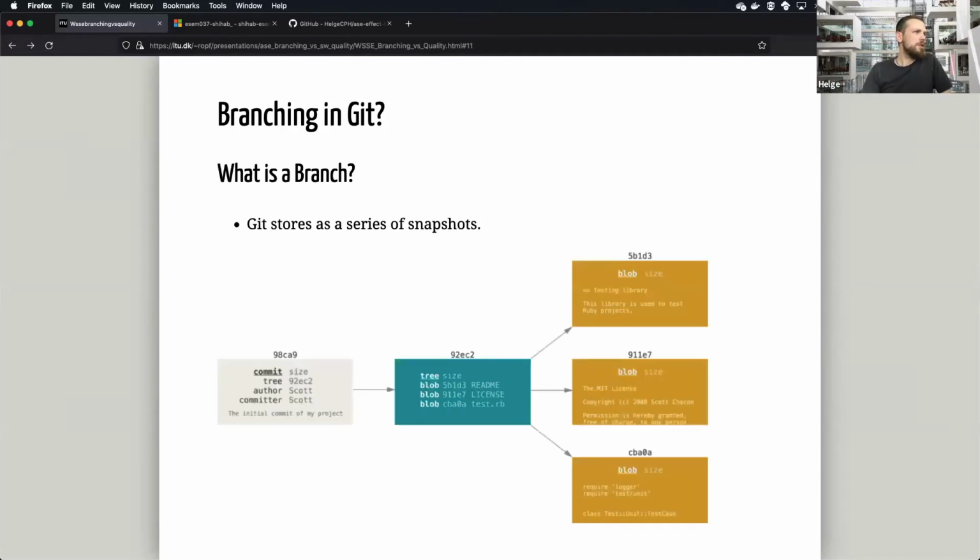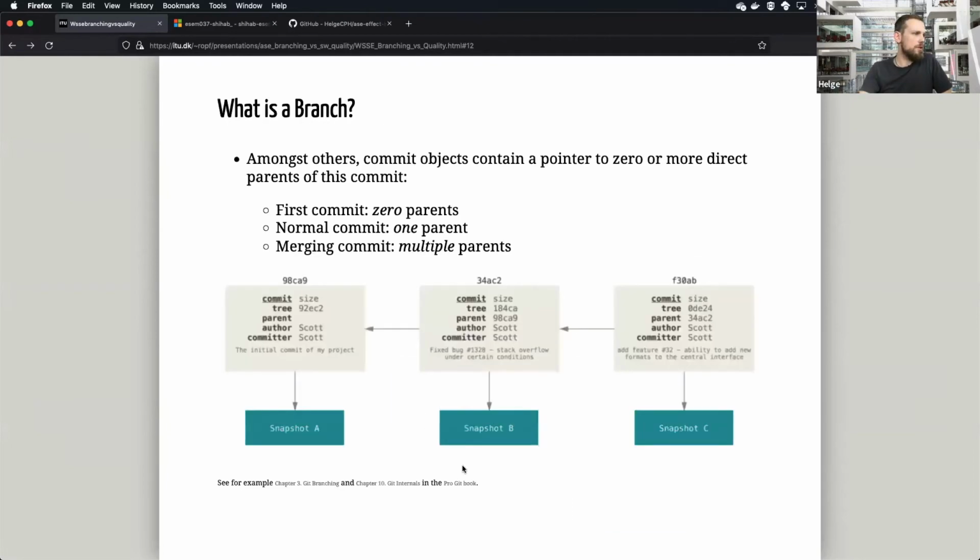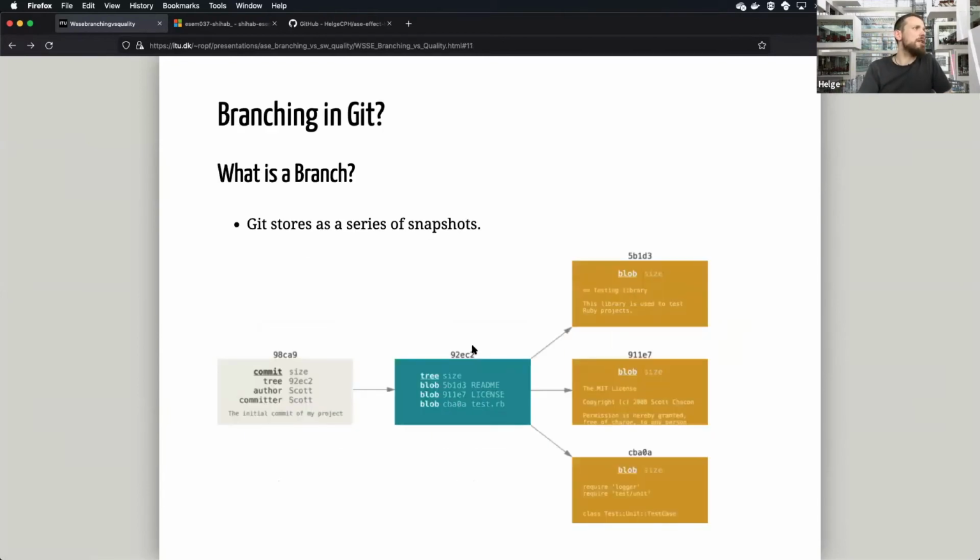A branch in Git: I link you on the next slide to a book down here, and it's actually, I think, your favorite reference when working with Git, both when using it and when understanding it. It's the Pro Git book. In essence, they give you these illustrations and tell you that what Git does is take snapshots of data, as you have your files lying in your file system and you say git add.